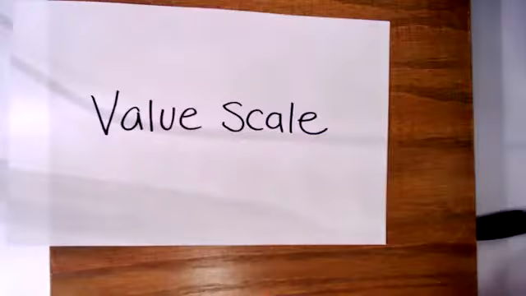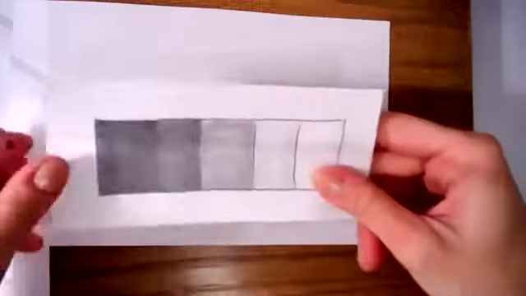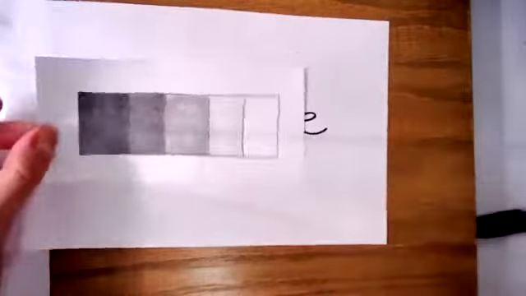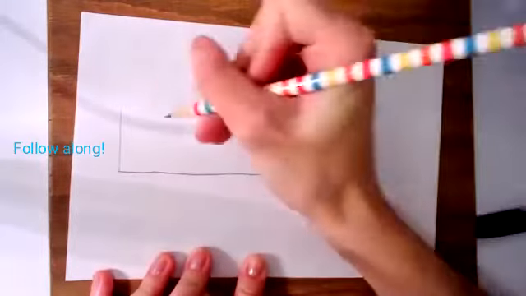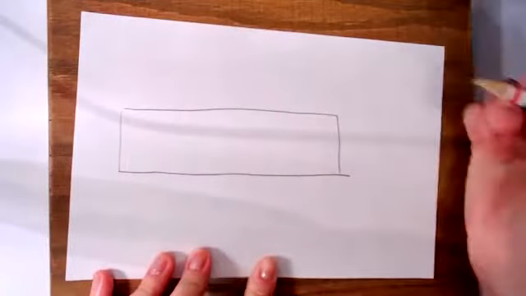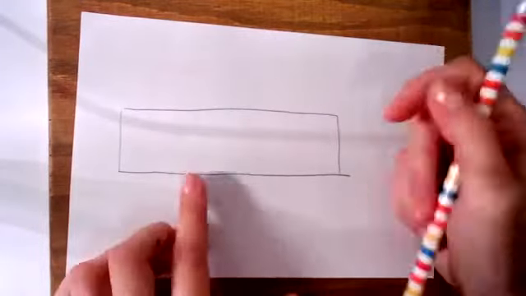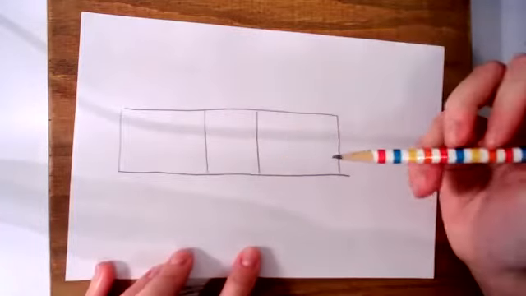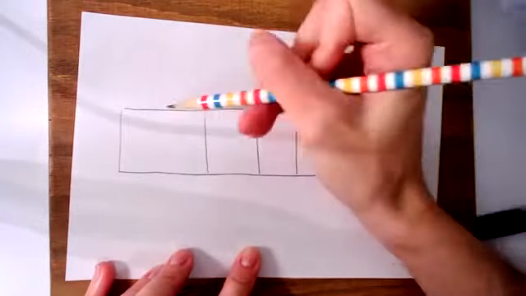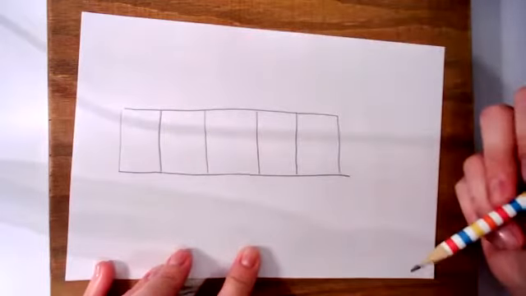So today, by the end of the lesson, you will have something like this. So on your piece of paper, we need to make a long rectangle. And then we are going to break it into 5 parts. So start by creating a square in the middle, and then 2 squares on either side.